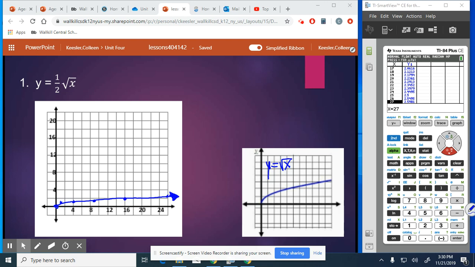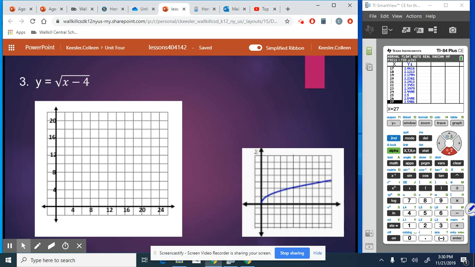So by having this 1/2 out front, the square root of x has been compressed. Okay, so you're going to try number 2 on your own or continue with the video and then come back to the evens later. Let's see the next problem.